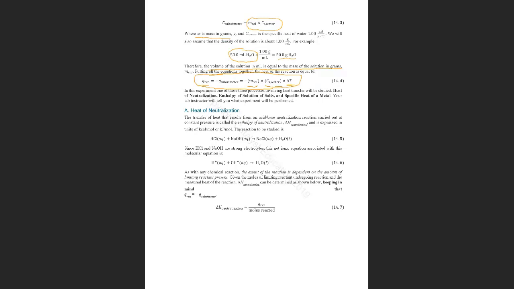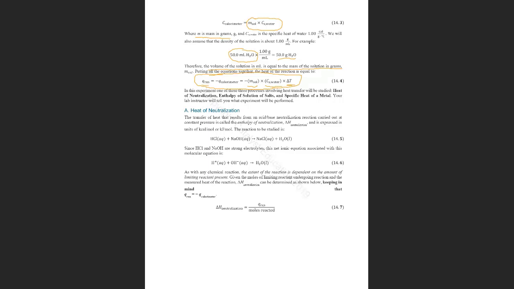The final temperature is the temperature once the reaction is complete. You wait until everything stabilizes and you measure the temperature in the calorimeter. And the initial temperature is the temperature of the solution before the reaction occurs.